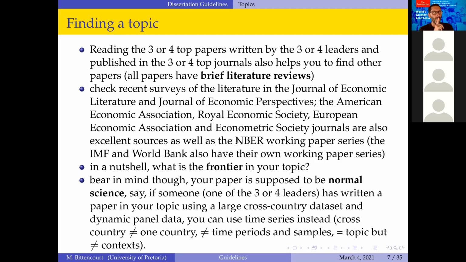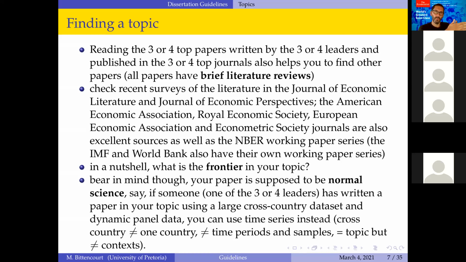I remember last Tuesday, someone asked whether the macro course was a research course. What you guys must understand is that everything that is in textbooks nowadays was a paper at some point, right? When you go to a textbook and study the Solow model or the Romer model, Solow wrote a couple of fundamental papers back in the 1950s.